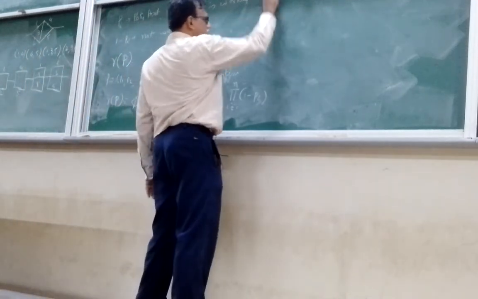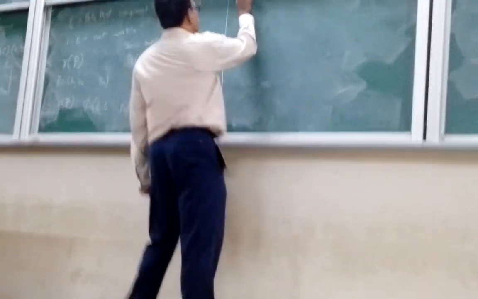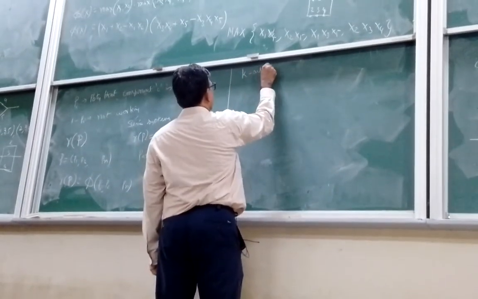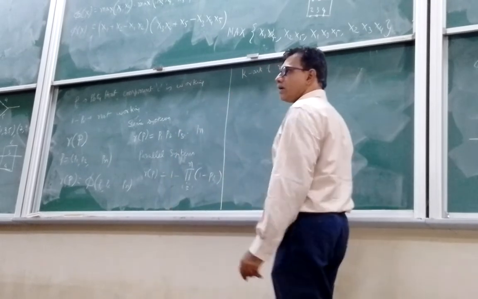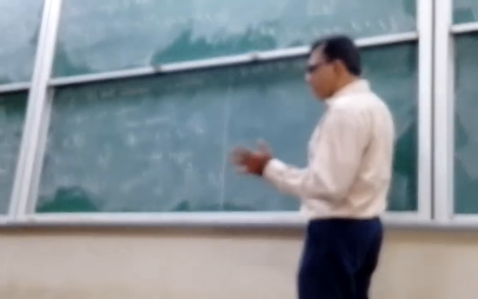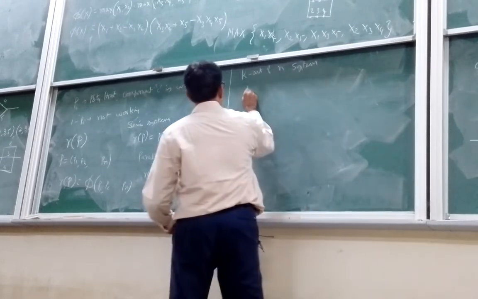Then you may have systems which are not so easily representable. For example, you may have a k out of n system, which is very generic. Something more popular is called the triple modular redundant system.